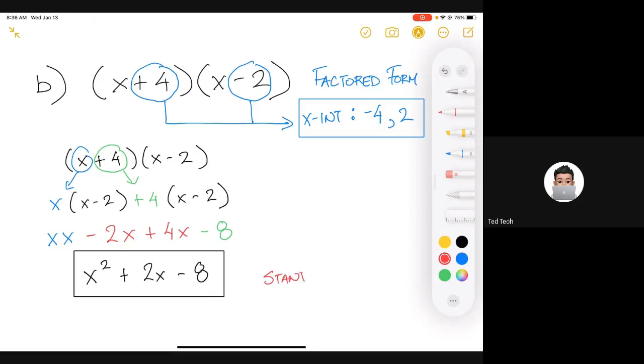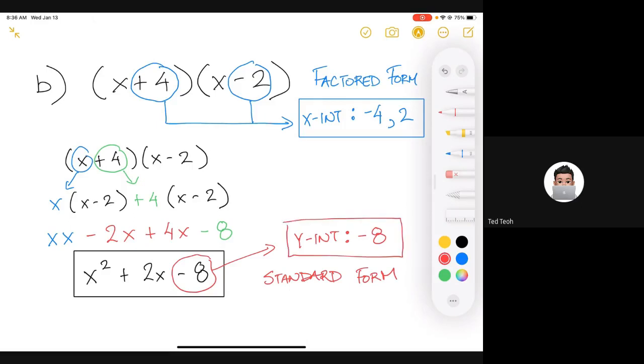And when a question is in standard form, it gives me the y-intercept. And in this question, the y-intercept is -8. So notice when you do the y-intercept, the symbol doesn't change.